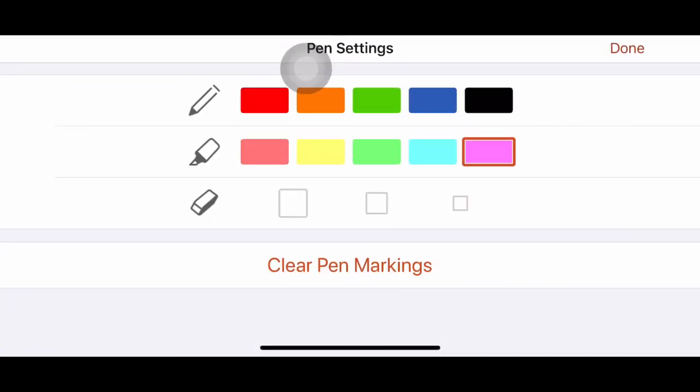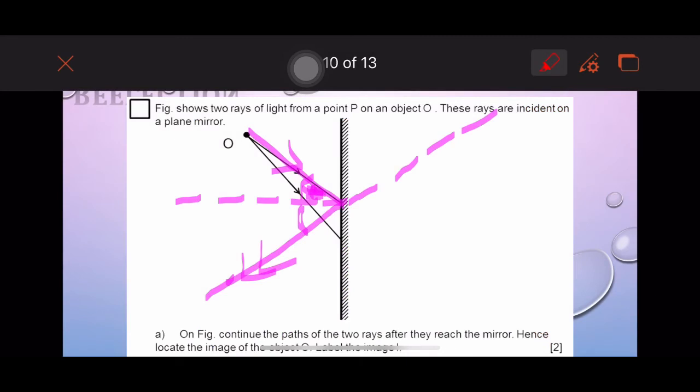Now we're going to use another color so that we will be able to distinguish which line is which ray. So the second one, this one, is our next line. Draw another normal from that.